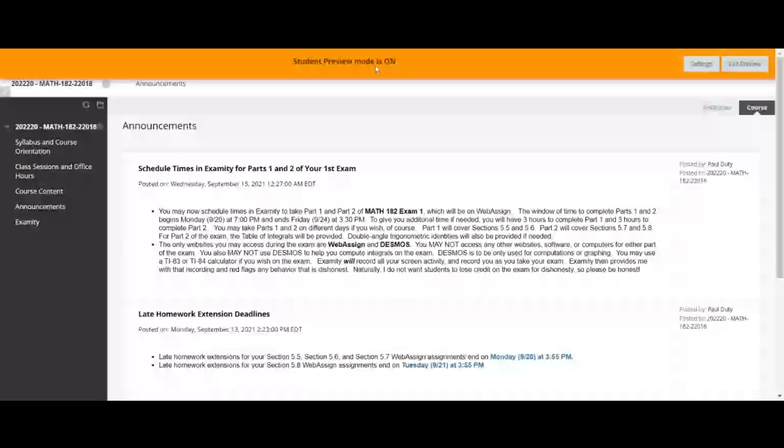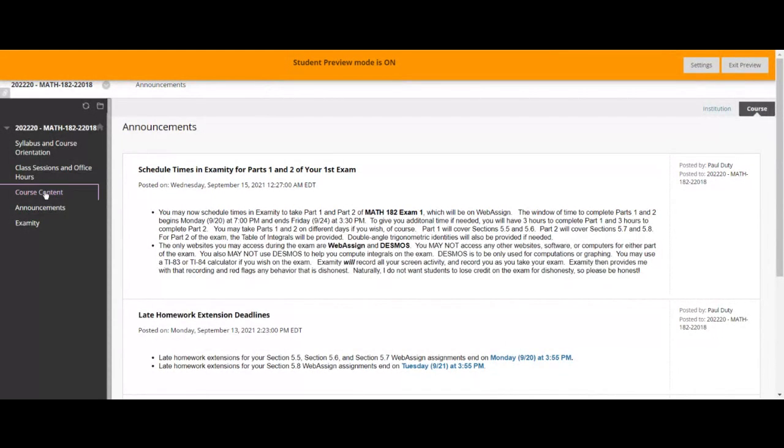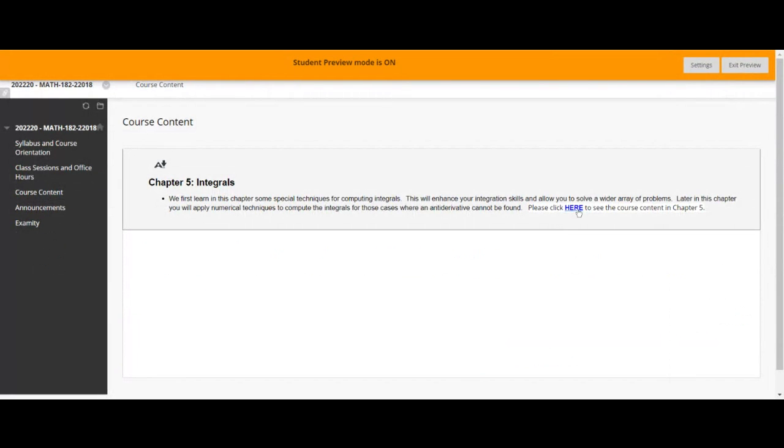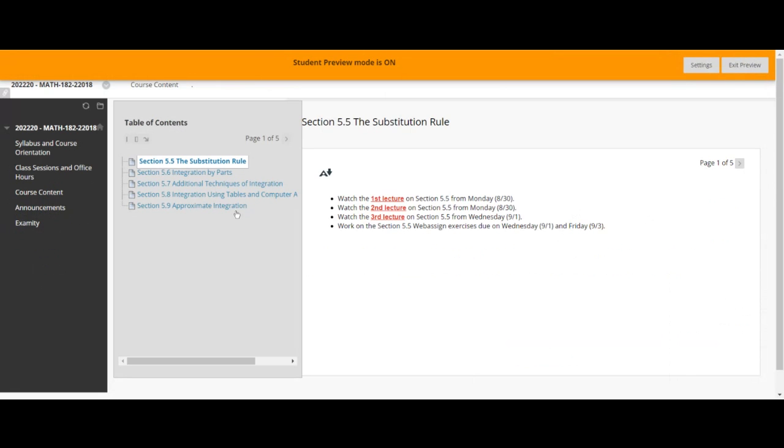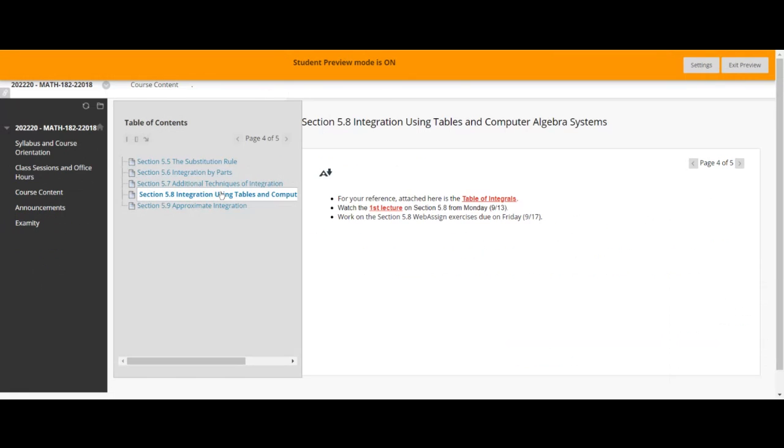In the course content folder on Blackboard, click on chapter 5 integrals, then the here link. Section 5.8 is there, and there's also a link for the table of integrals, which you can download.